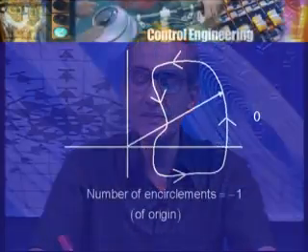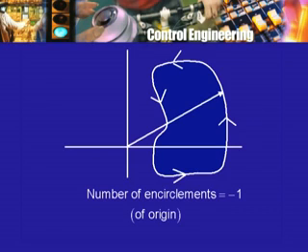So, the number of encirclements is 0, and of course, visually it is very clear the origin does not lie inside the closed curve, and therefore, you can explain that the number of encirclements by this closed curve of the origin is 0. So, the number of encirclements can be 0, a positive number, or a negative number.